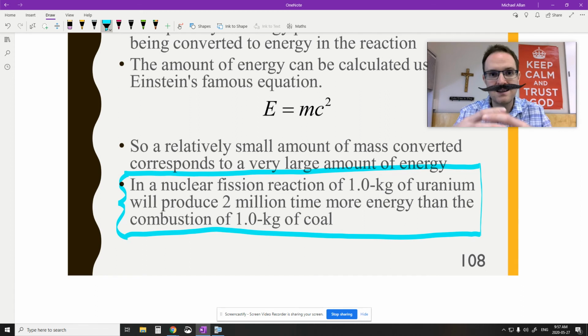If I were to scale up the number I would get from this reaction to 1 kilogram, I'm going to have 2 million times the amount that I would have for 1 kilogram of coal. Okay, so compared pound for pound, mass for mass, fission is way more efficient. The amount of energy released is considerable. So it also just means you need less of it to produce the same amount of energy. Okay, if I wanted to think about that too. You'll probably watch those videos and you'll see that too. They'll talk about that.